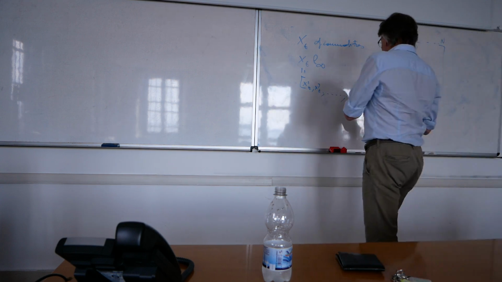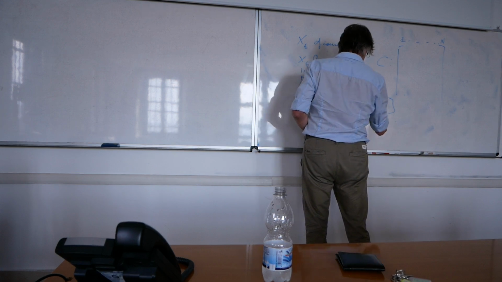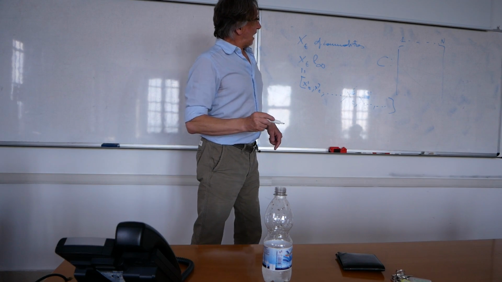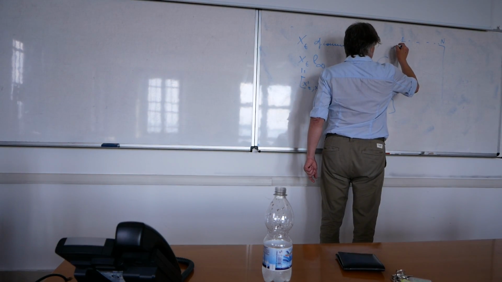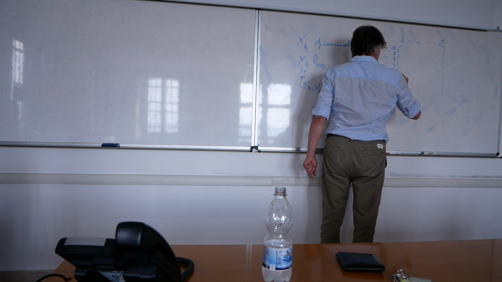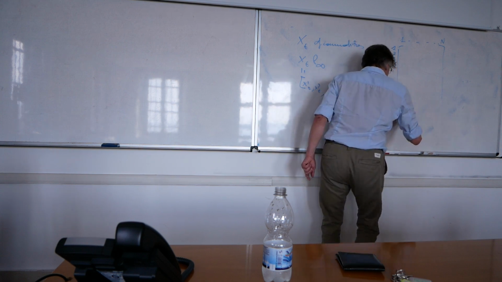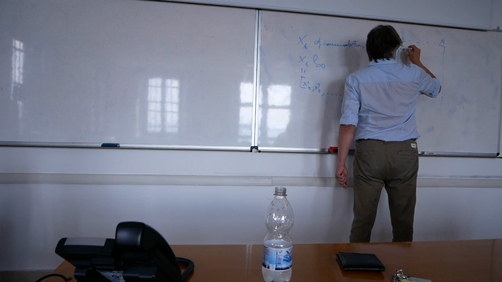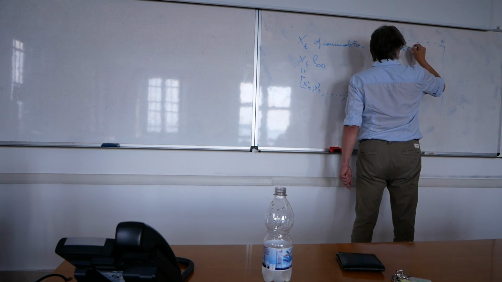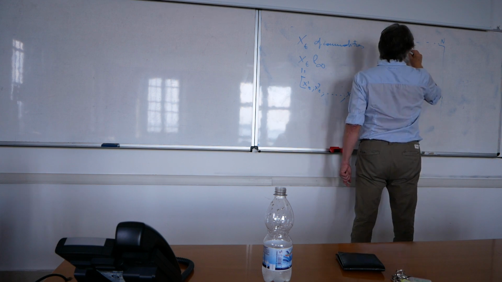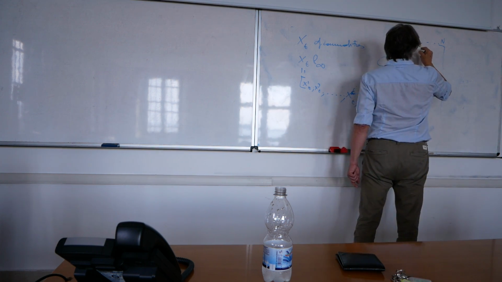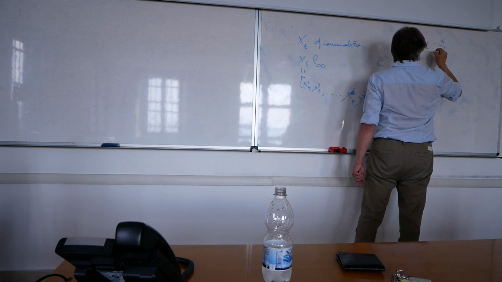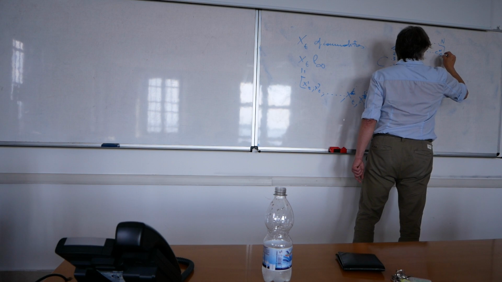Yeah, let me call this I. Okay? And here I list the commodities: commodity 1, commodity 2, 3, 4, I plus 1, so the infinite number of rows. And here what do I have? I have characteristic 1 of commodity 1, characteristic 2 of commodity 1, characteristic 3 of commodity 1, characteristic I of commodity 1. Okay?